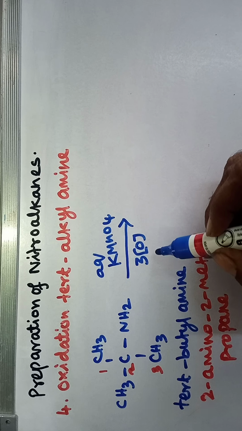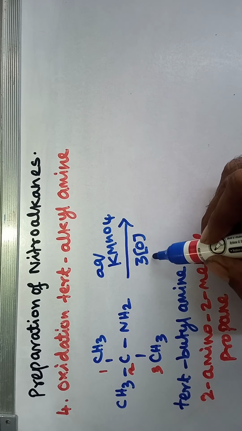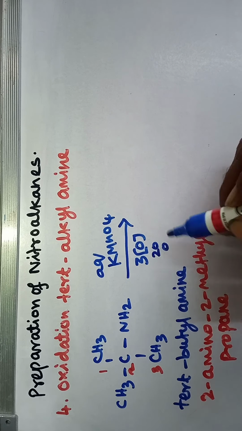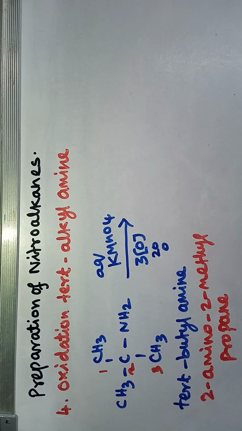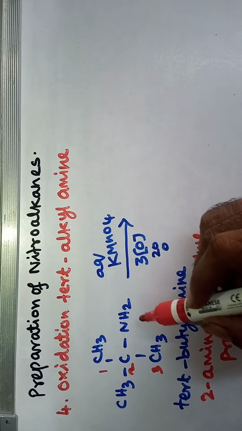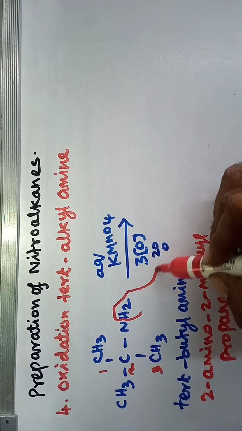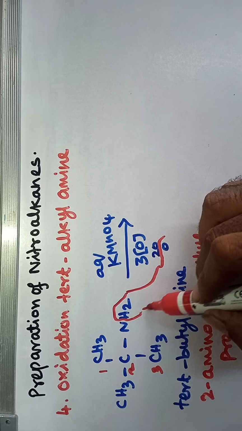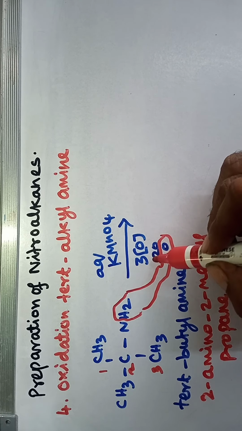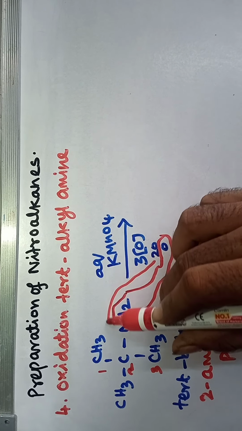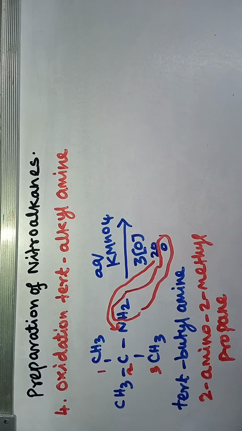Here we can write 2 oxygen and 1 oxygen. So this hydrogen and this oxygen go as a water molecule. So these 2 oxygen are added to the nitrogen.